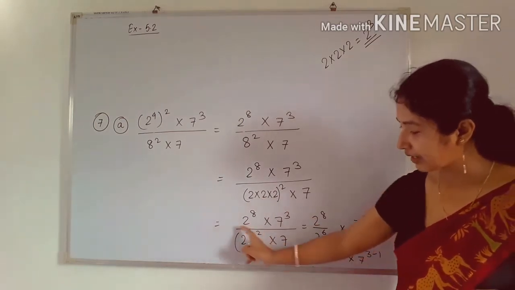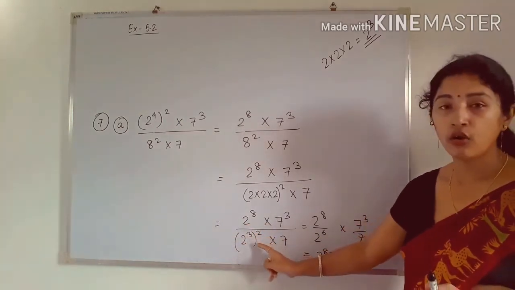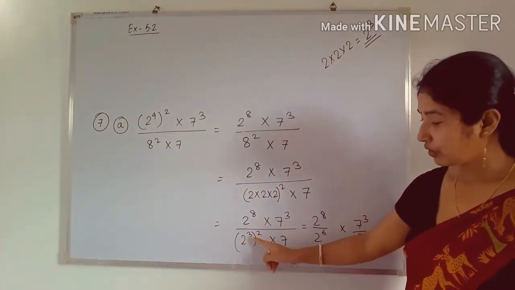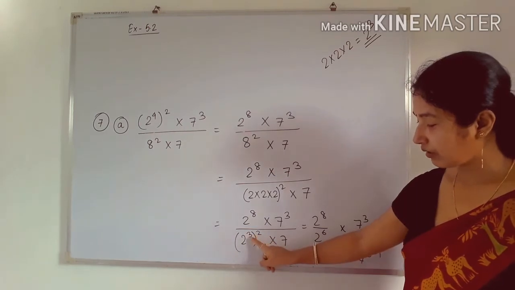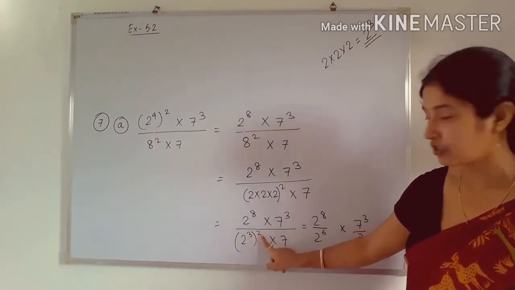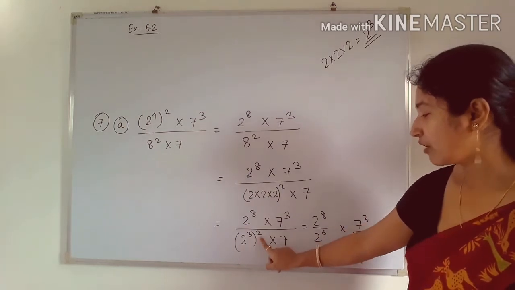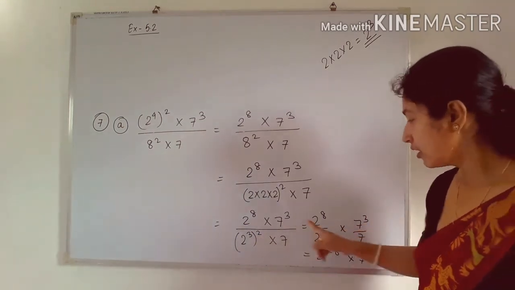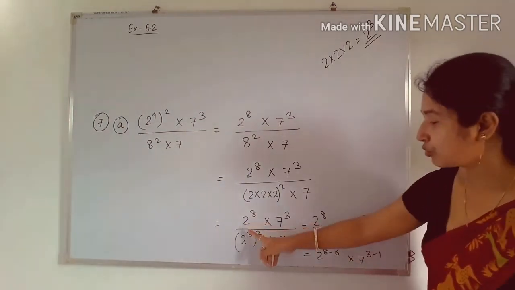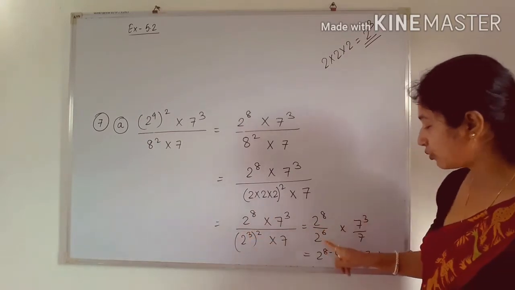Again see here, I can apply the law of exponent, because one exponent is above and another exponent is present, so we can multiply them. So it will become what? 3 2s will be 6. So finally I am getting 2 to the power 8 whole divided by 2 to the power 6.